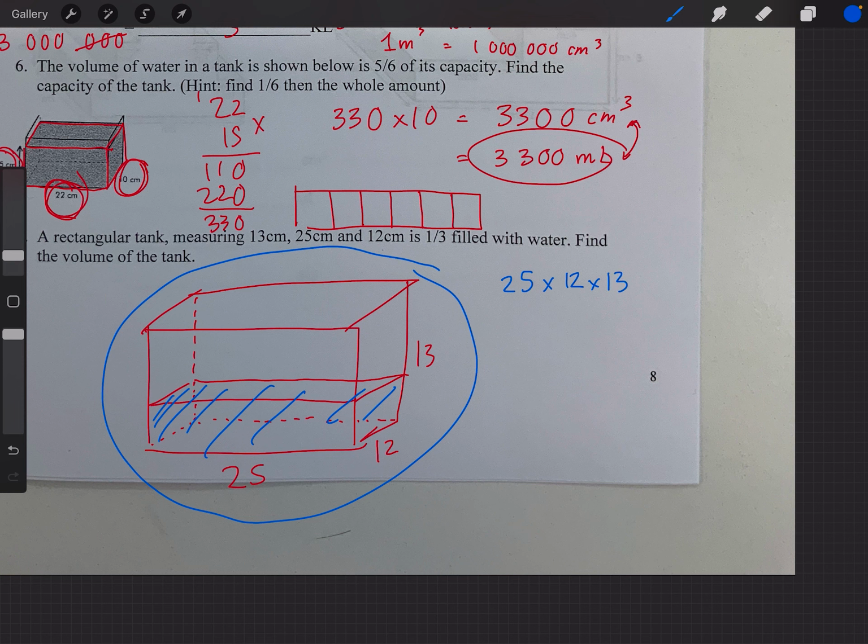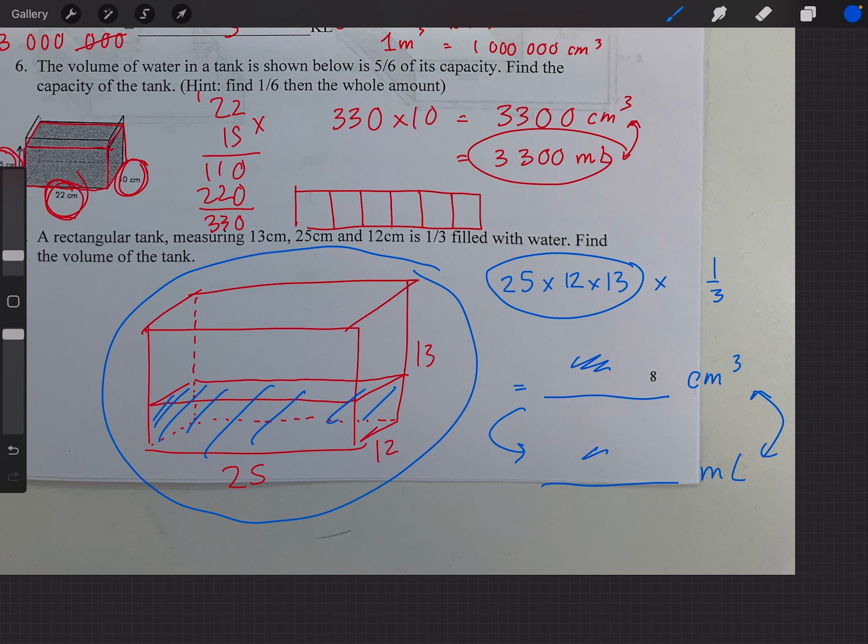And then once you have that, you multiply by 1/3, because at the moment it's only 1/3 filled with water. So work out what this is, multiply by 1/3, and then you'll get an answer in centimeters cubed. And then I want you to change that answer to milliliters. These are exactly the same, so whatever number you get here, you get the same number here. And actually just leave the answer like that, that's fine.